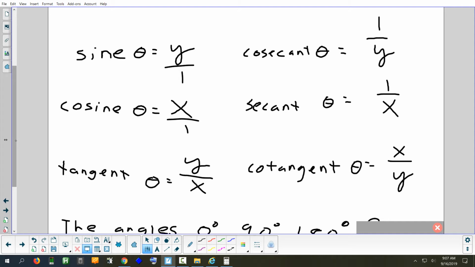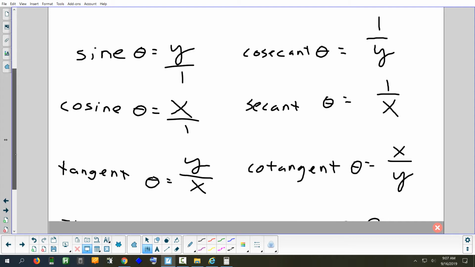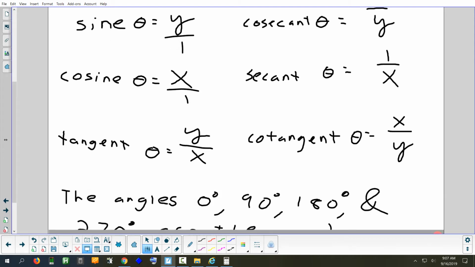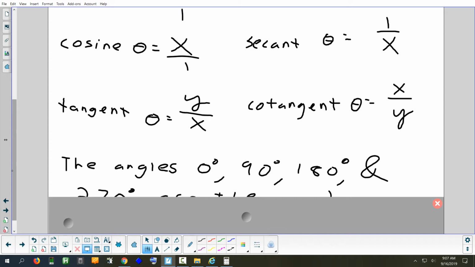All right, now these 4 angles, 0, 90, 180, 270, they have a special name because they're on the axes. When you draw your axes, it divides your plane into 4, what do we call those sections? Quadrants, yep.